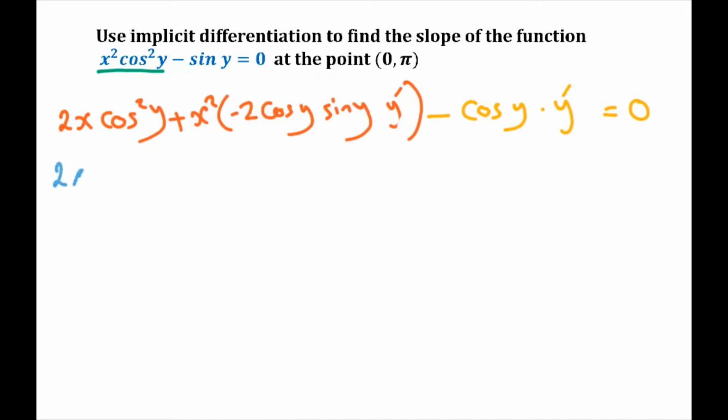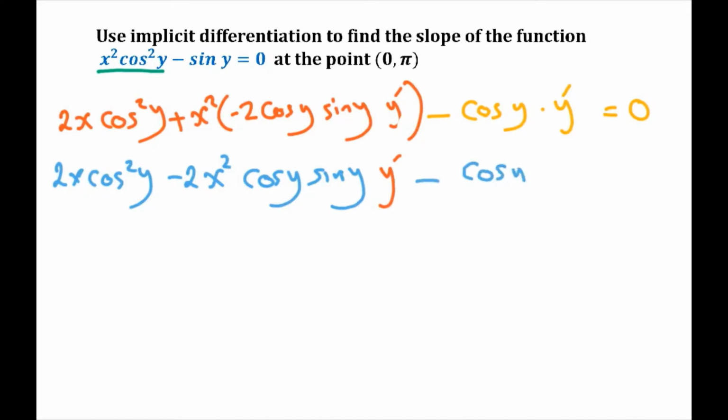So 2x cosine squared y minus 2x squared cosine y sine y, y prime. I'm going to write y prime in a different color, minus cosine y, y prime, equal to 0.